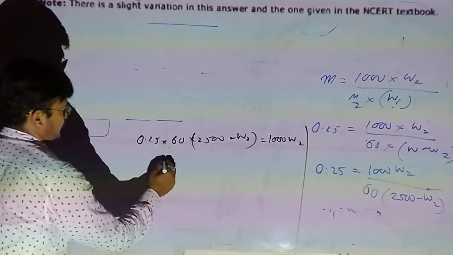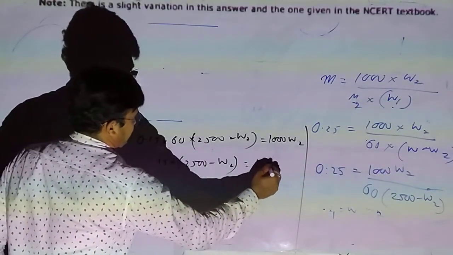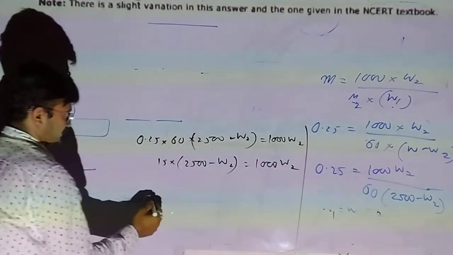So 15 into (2500 minus W2) equals 1000 W2.